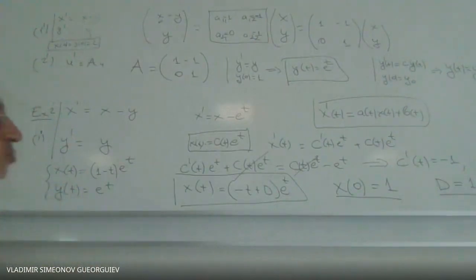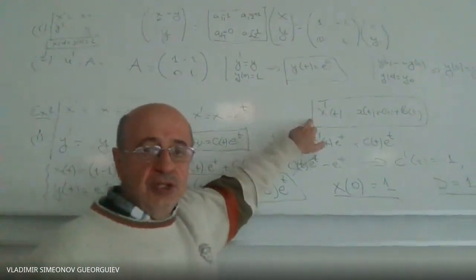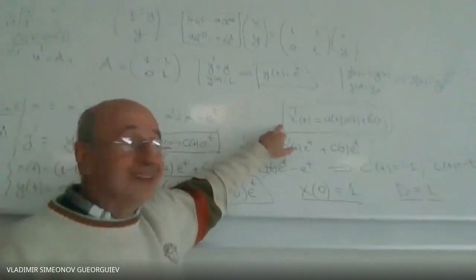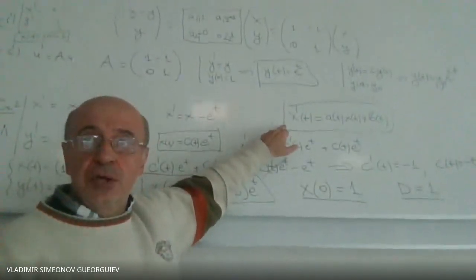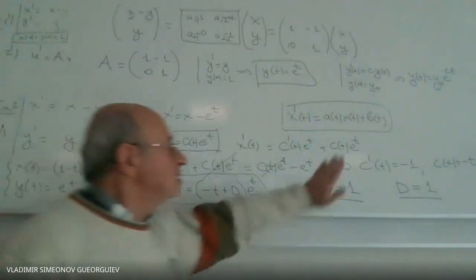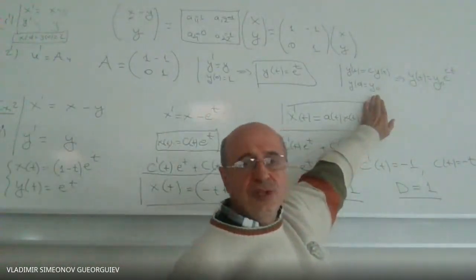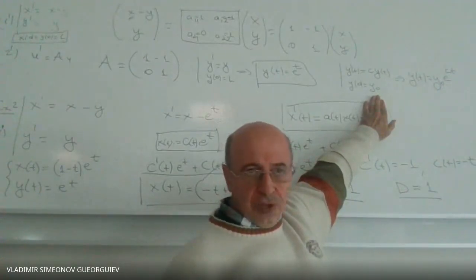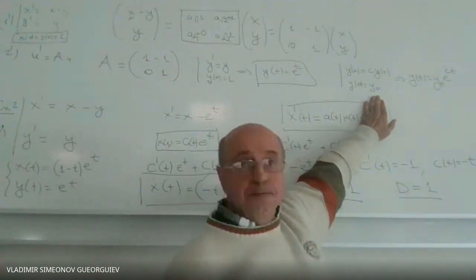So what you are doing, if you have this equation, let me explain it from another point of view. You proceed in the following way. First, you say, let us for the moment forget about this term.